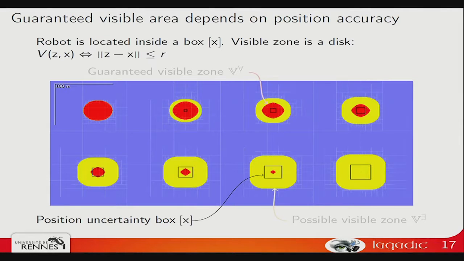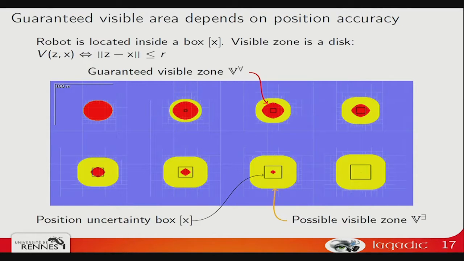Just an example. Here the position of the robot is represented by the boxes, and the visibility predicate corresponds to a disk around the robot. If we know perfectly where the robot is, we have this guaranteed visible zone here, which is a disk.